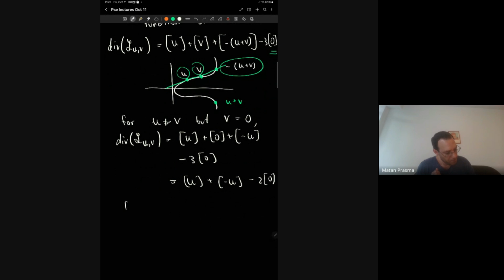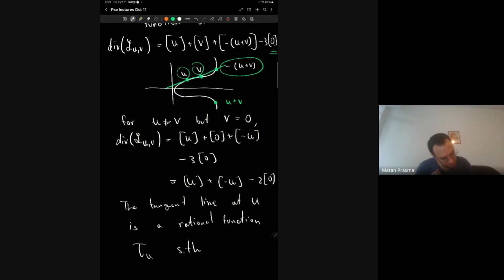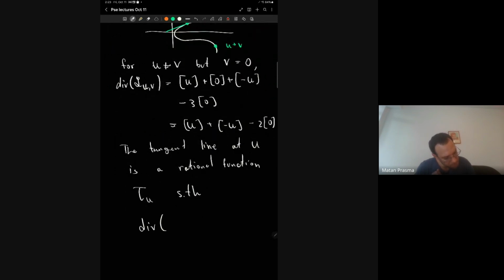The tangent line at U is a rational function TU such that the divisor of TU is equal to 2U plus minus 2U minus 3O.